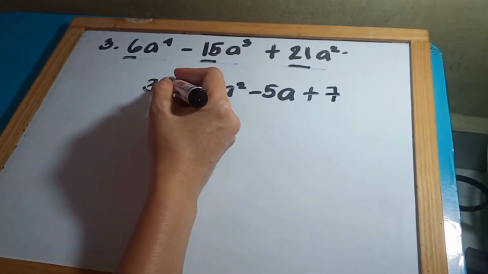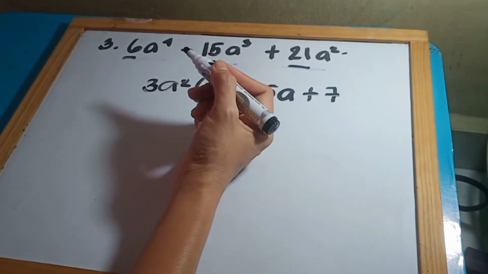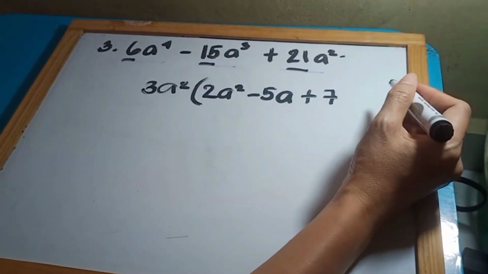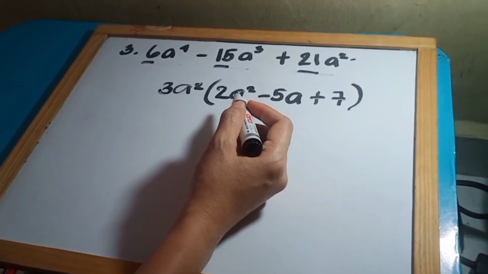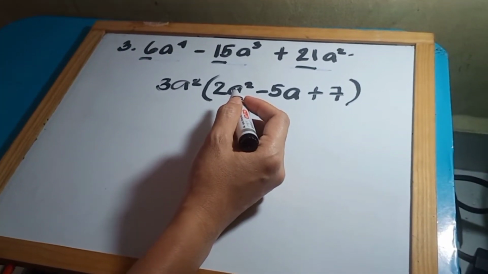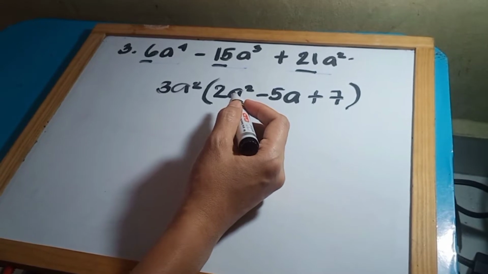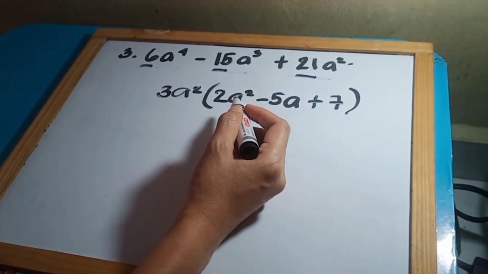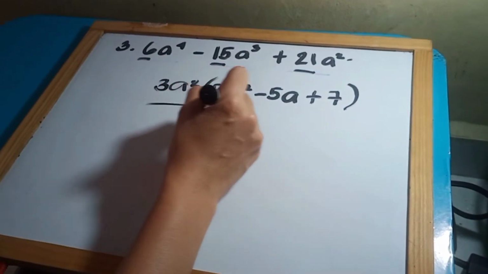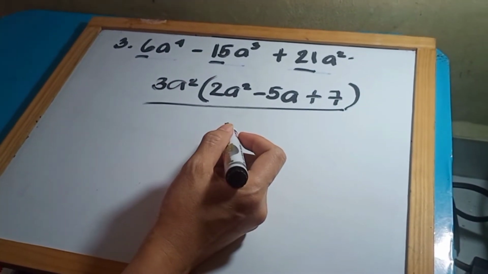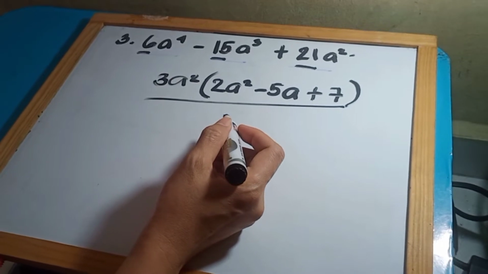A squared divided by a squared, that is 1. So hindi na natin isusulat si a squared. Alright, so now we have 3a squared times 2a squared minus 5a plus 7. So this is now the factor of our given mathematical expression.